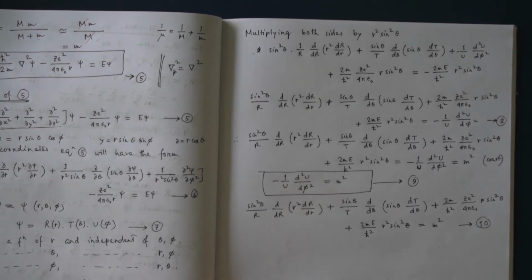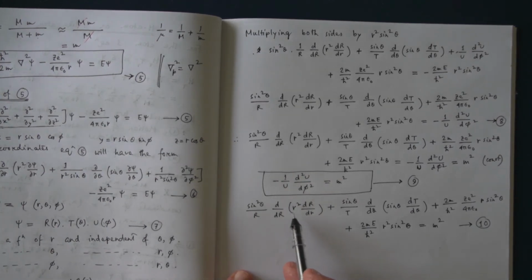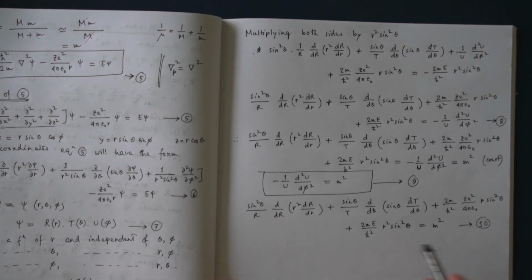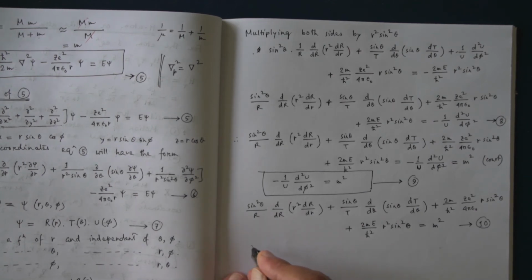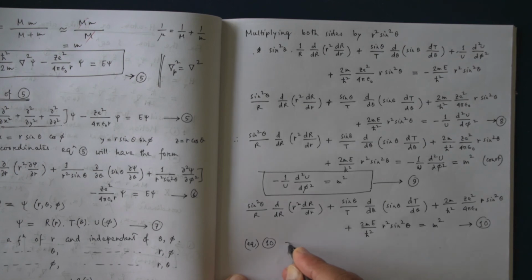Here with r we have sin²θ, so what we can do is divide equation 10 by sin²θ.